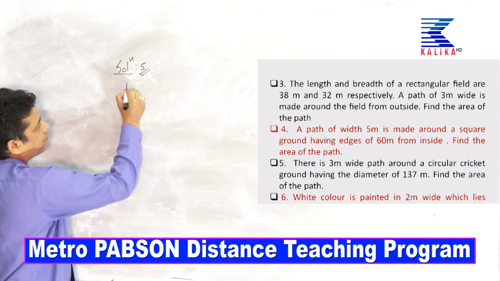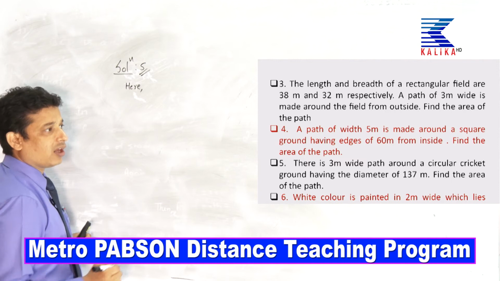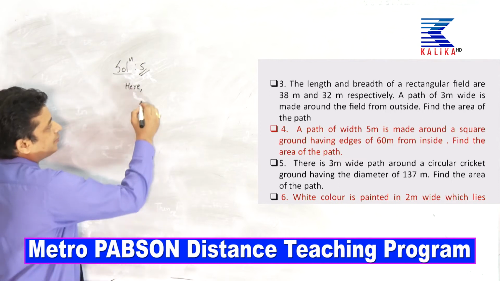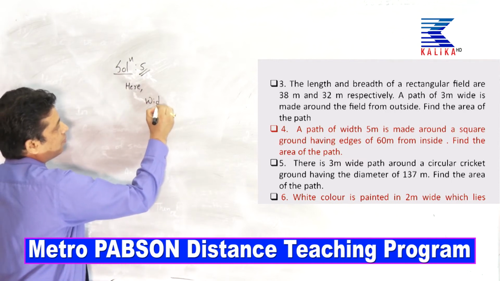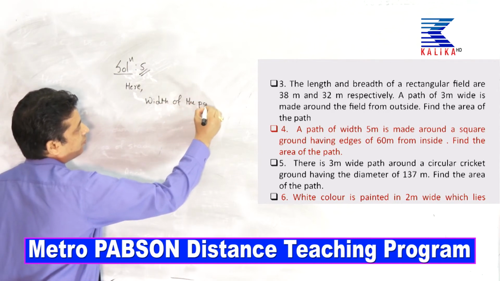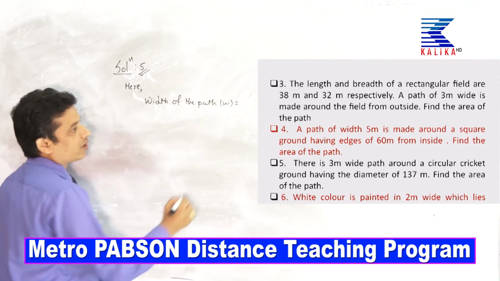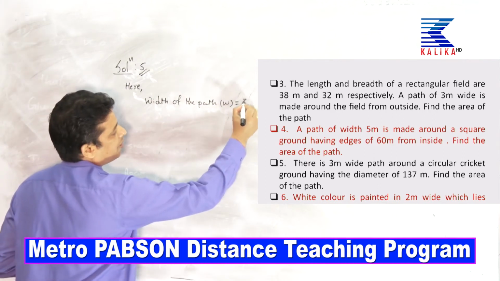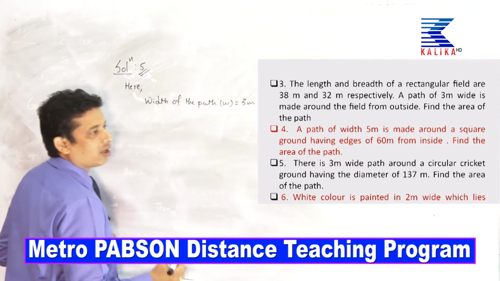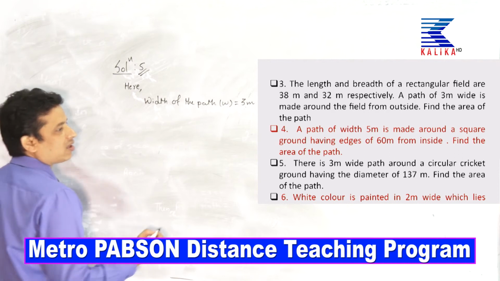Here, at first let us write what is given. A 3-meter wide path, the width of the path, it is W, W is equal to 3 meter, around a circular cricket ground having the diameter of 137 meter.